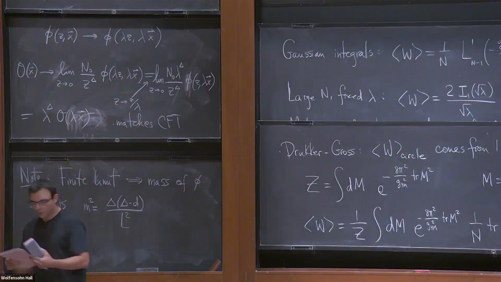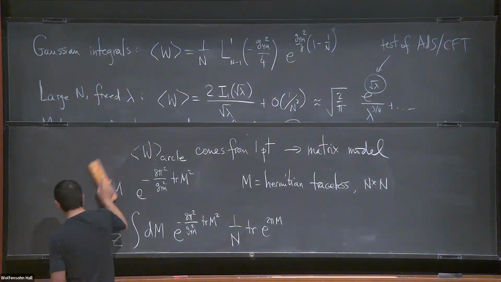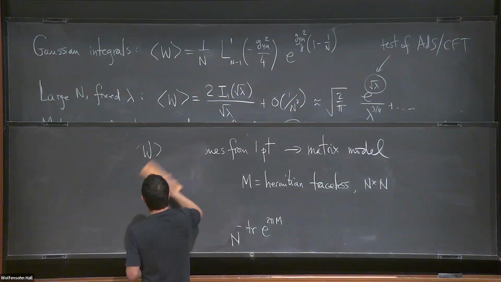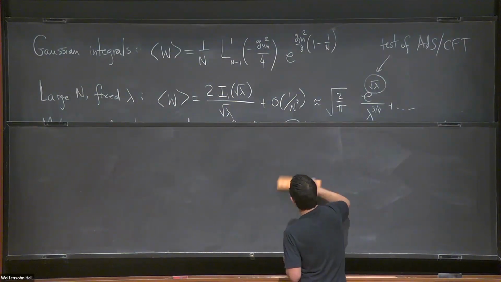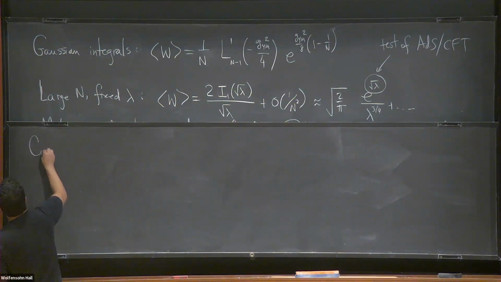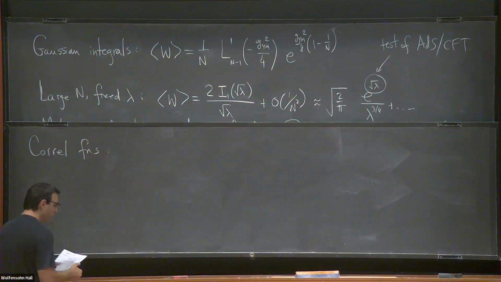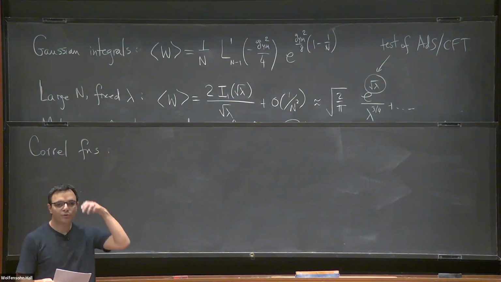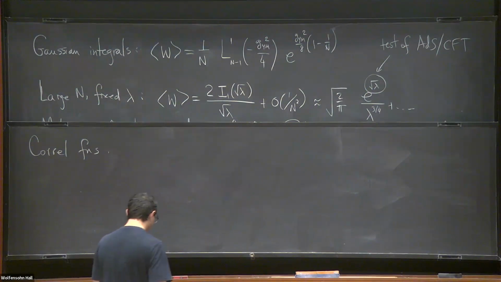So, correlation functions. I think the most interesting case of a correlation function where we'd learn something non-trivial would be a 4-point function.